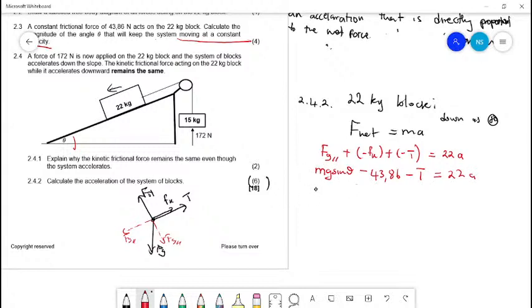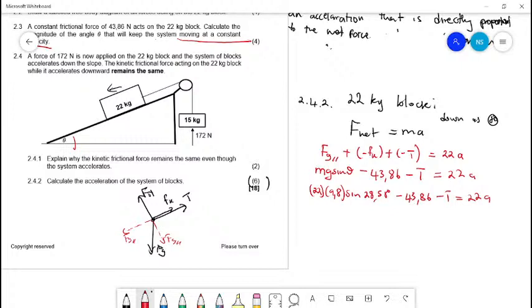So mg sine theta is 22 times 9.8 times sine of the angle that we got. I think we got 28.58, right? So sine of 28.58 degrees minus 43.86 minus T equals to 22A. So we can simplify our equation here.